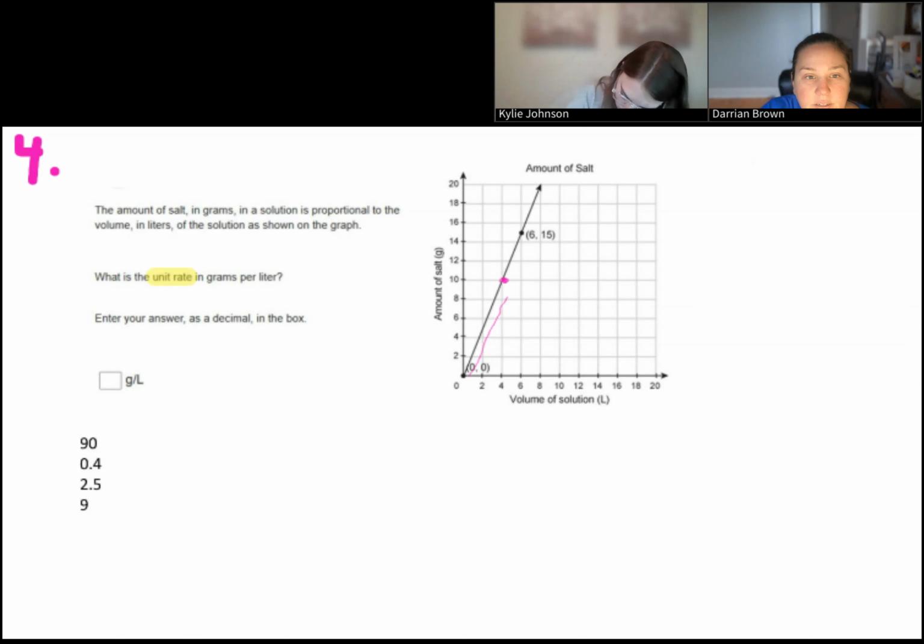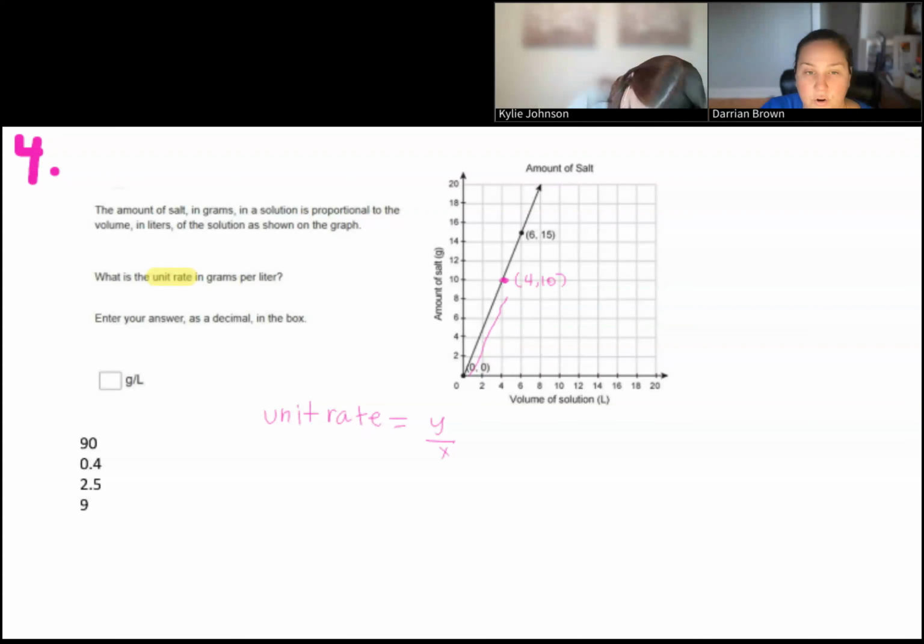(4, 10), if I wrote it like this. (4, 10) is the coordinates. But remember unit rate, and write this note on your paper if you don't remember it. Unit rate equals y over x.